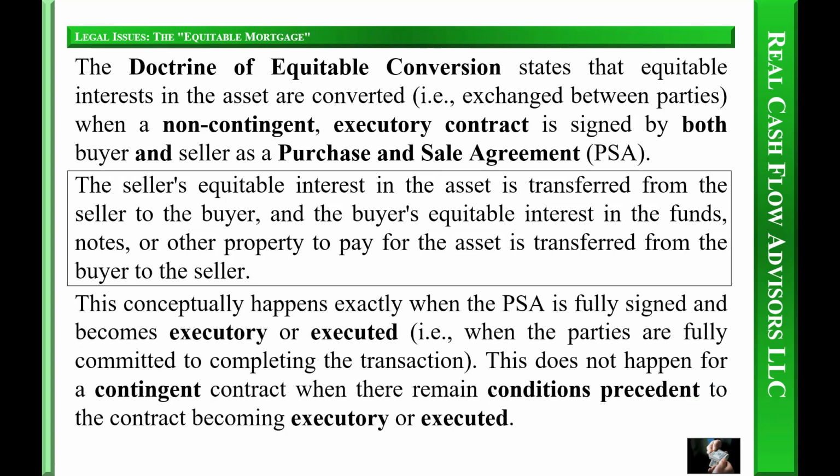This conceptually happens exactly when the PSA is fully signed and becomes executory or executed, that is, when the parties are fully committed to completing the transaction. This does not happen for a contingent contract when there remain conditions precedent to the contract becoming executory or executed.